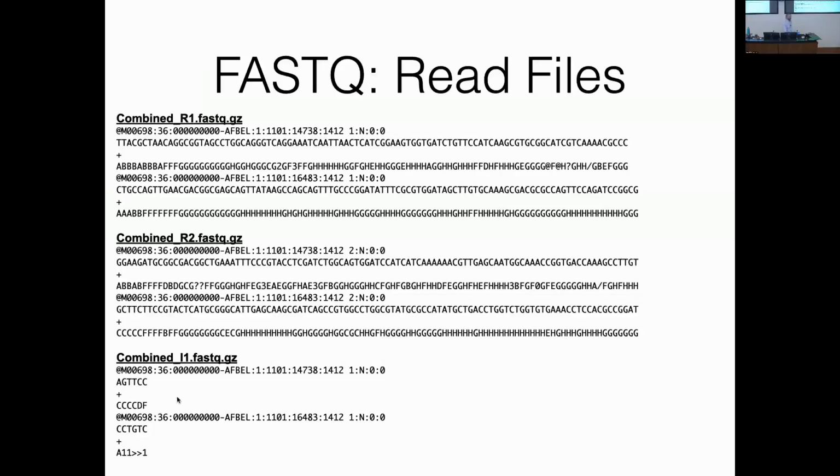What can be a little bit confusing is that the first read in the R1 file is paired with the first read in the R2 file, and those two are then matched with the first read in the I1 file, right?